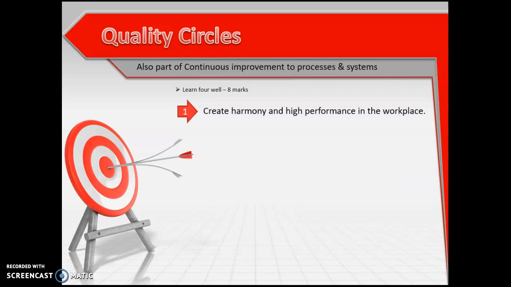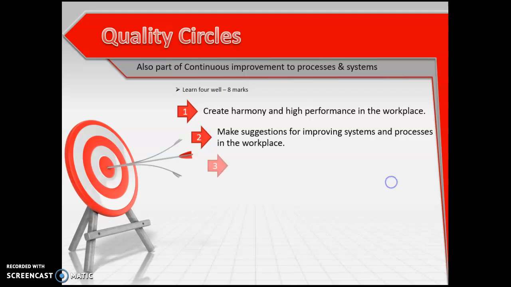You're going to have to know the impact of having really good quality circles on a business. So the first one is they create harmony and high performance in the workplace because your employees are involved. Secondly, they make suggestions for improving systems and processes in the workplace. The third thing they do, they solve problems related to quality and they implement these improvements.